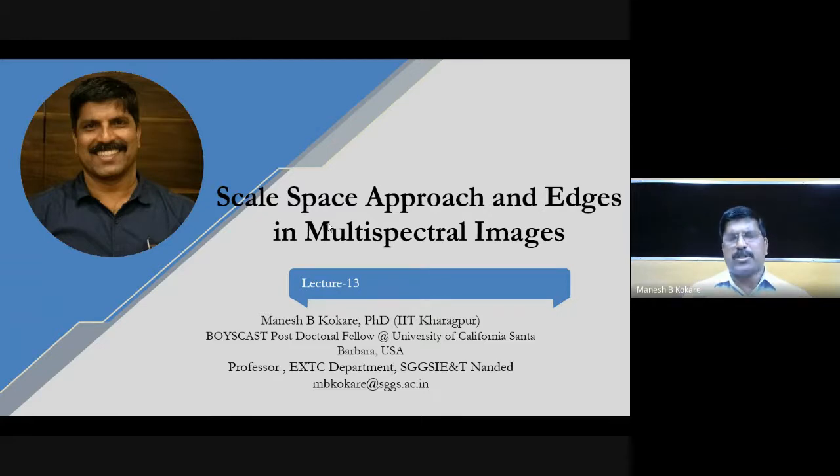Then there is the Laplacian of Gaussian, and the pyramidal structure and so on. We have seen the pyramidal structure, and yesterday we also talked about the wavelet based approach, and then I talked about the Laplacian of Gaussian. Up to that point we covered in yesterday's talk. Now we'll continue.